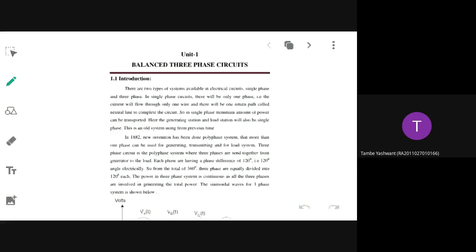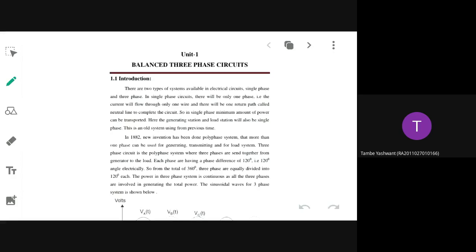Starting from the basic Ohm's law, then Kirchhoff's current law and Kirchhoff's voltage law, KCL and KVL, network reduction, mesh current and nodal analysis, matrix method, Thevenin's theorem, Norton's theorem, maximum power transfer theorem, superposition theorem, then current division and voltage division. Everything you can apply onto that circuit.